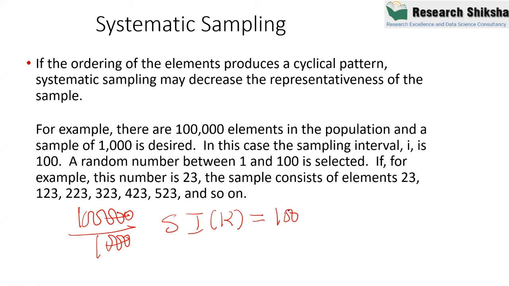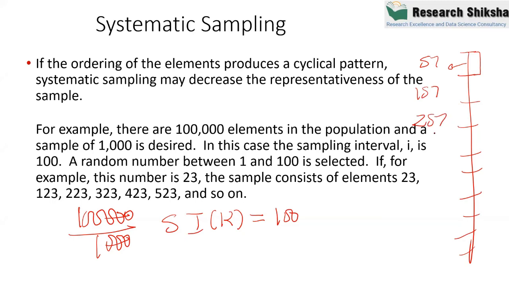Now I divide the population into blocks of 100. I will pick any one from the first 100, and suppose it comes out to be 57. Then the next persons will be 157, 257, 357, 457, and so on.